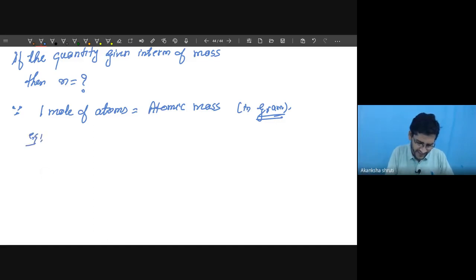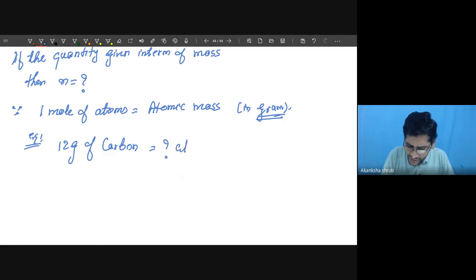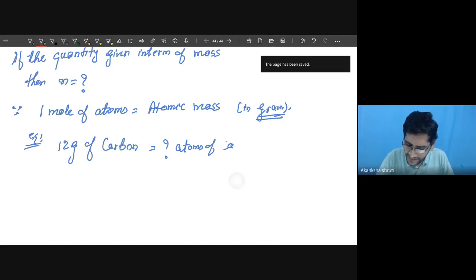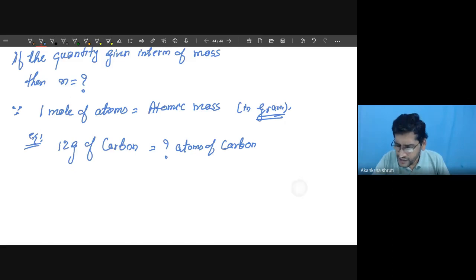Example, let us understand. Say 12 gram of carbon represents how many atoms of carbon? Can you tell me, a student? 6.022 into 10 to the power 23. How and why? I already explained. If you are using 12 u, it will represent 1 atom of carbon.